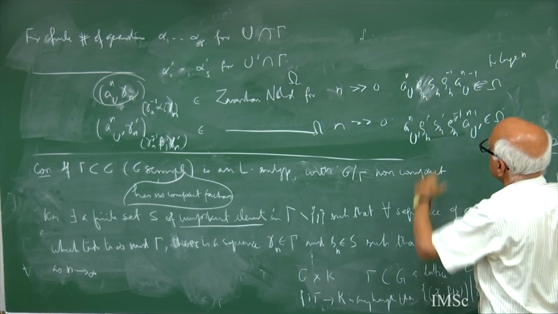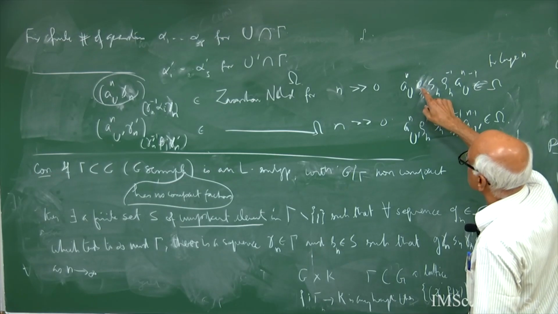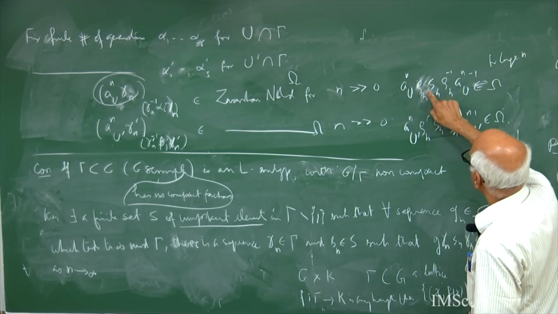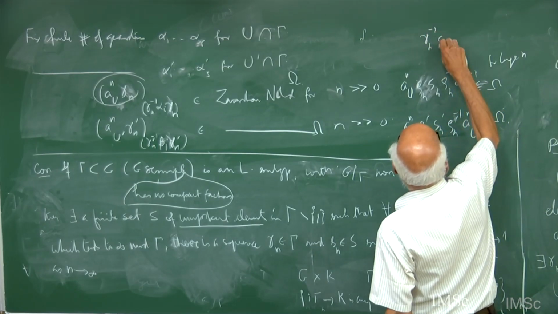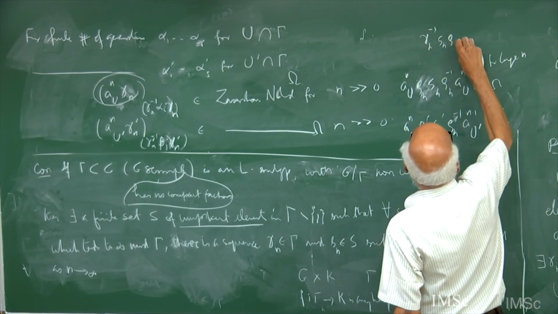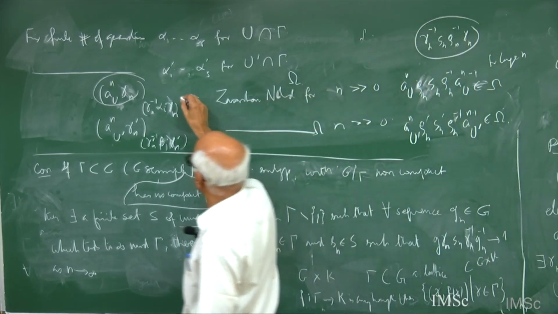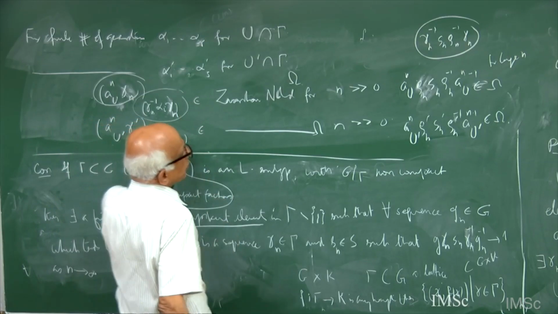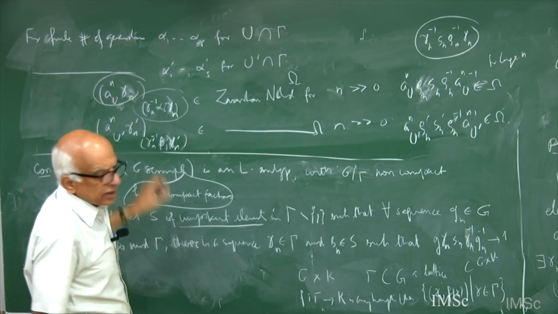Okay, I introduce artificially a γ_n inverse here. Then I find that γ_n inverse S_n ρ_n inverse γ_n, this and this bunch here are both conjugated by the same element A^n U γ_n into a Zassenhaus neighborhood.